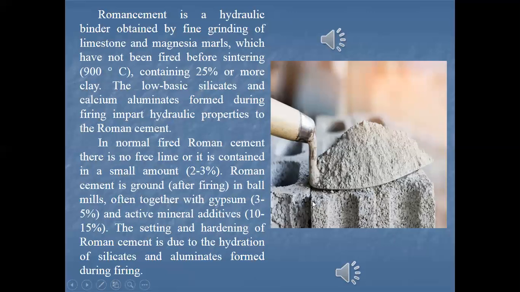In normally fired Roman cement there is no free lime or it is contained in a small amount, 2-3%. Roman cement is ground, after firing, in ball mills, often together with gypsum, 3-5%, and active mineral additives, 10-15%. The setting and hardening of Roman cement is due to the hydration of silicates and aluminates formed during firing.